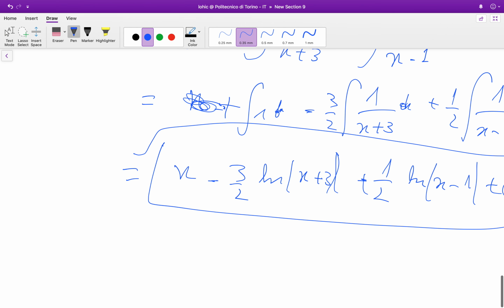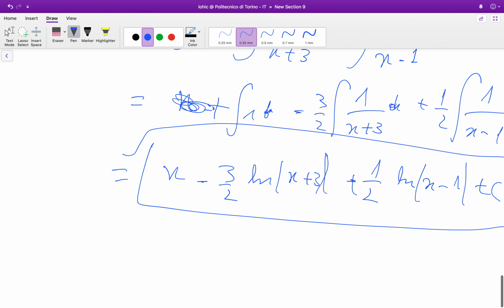So we follow exactly the steps I told you, okay? The step that is very important is the fourth one, how to do the identification, right?